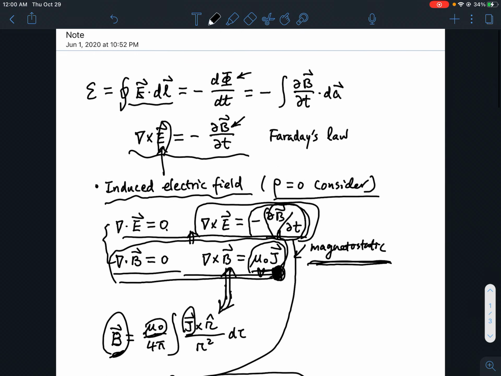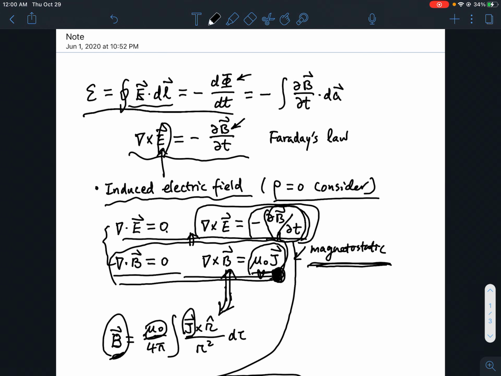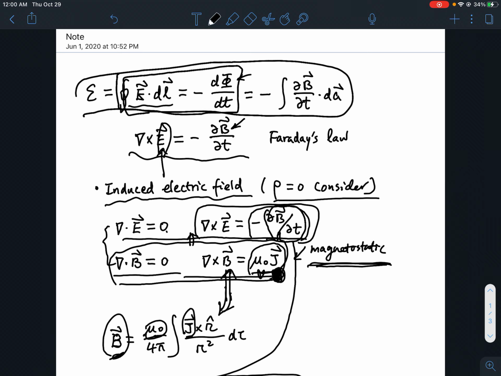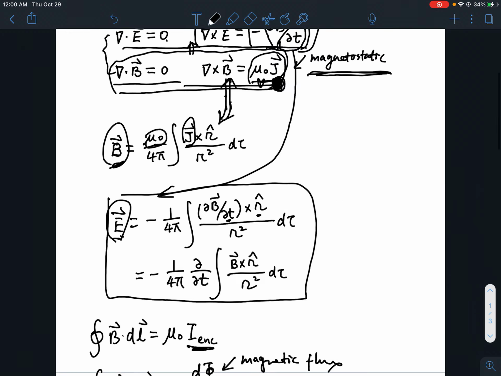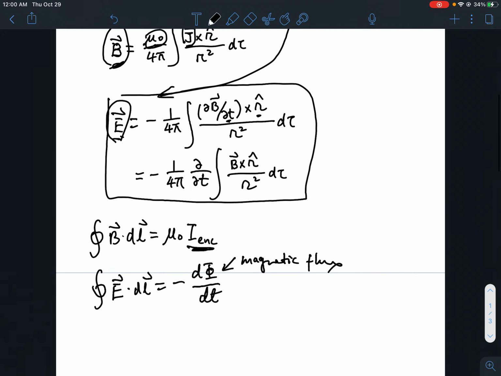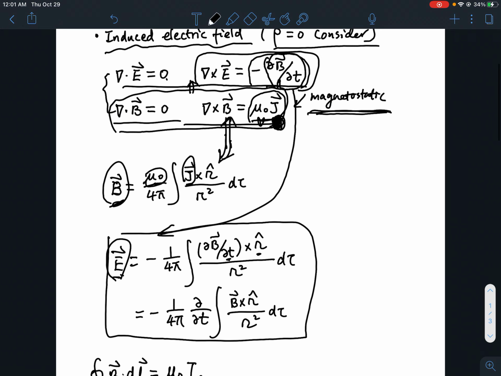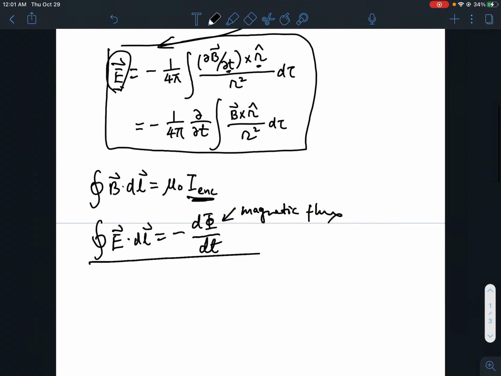You can see that this is exactly what I already mentioned here, this equation. But you can also derive it this way by looking at the analogy between these four equations.